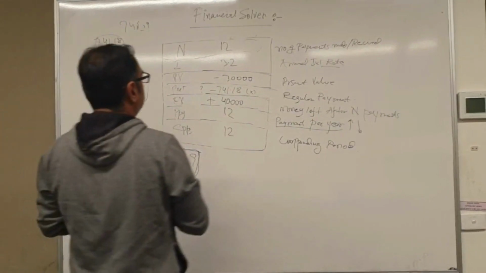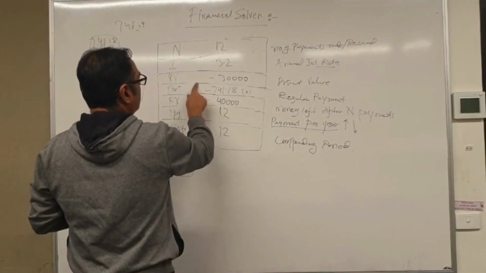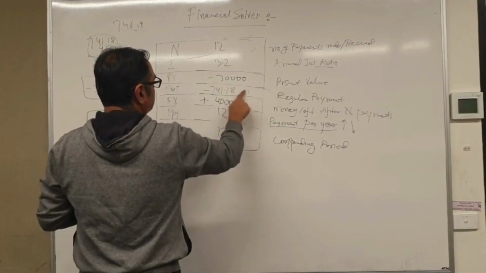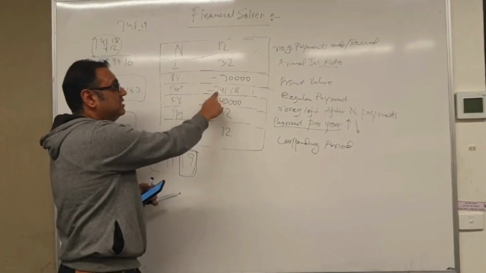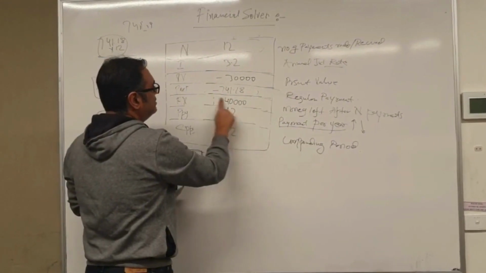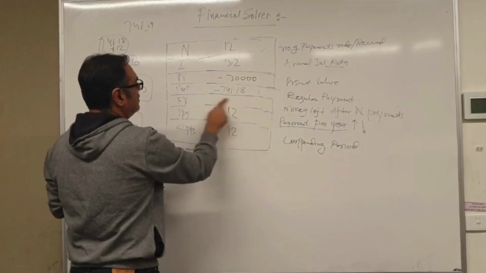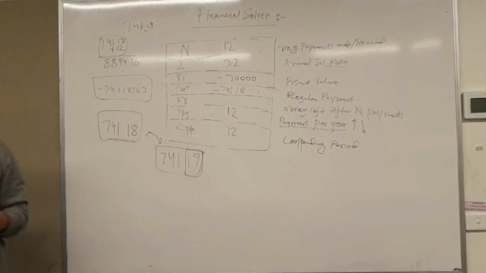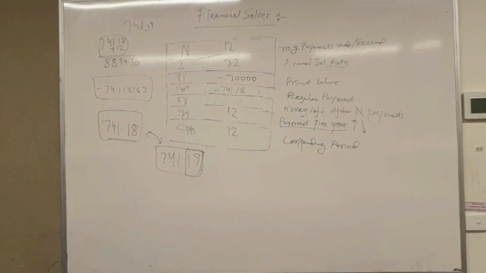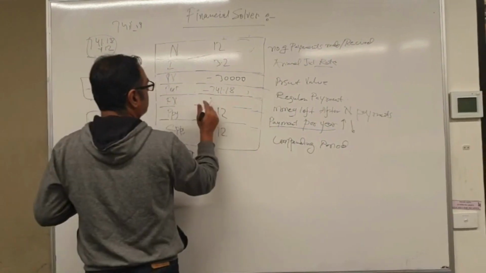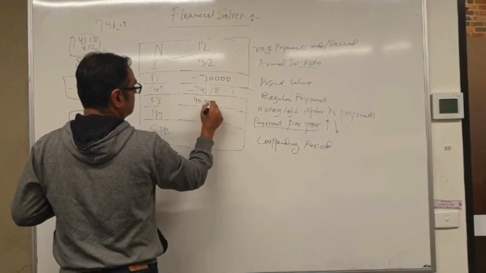Do one thing for me. How do you validate this? Now let this be 18 in your answer and take your future value off and press enter on future value. See what you get. 40,000. Exact 40,000, is it? Yeah.